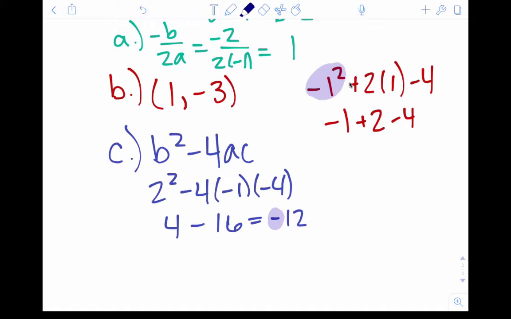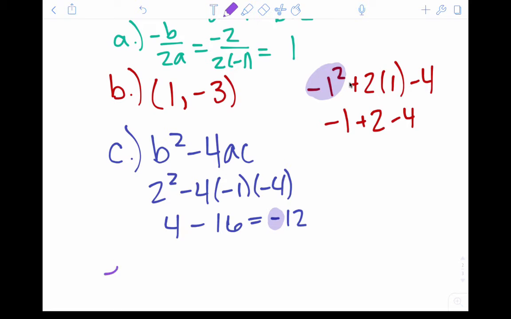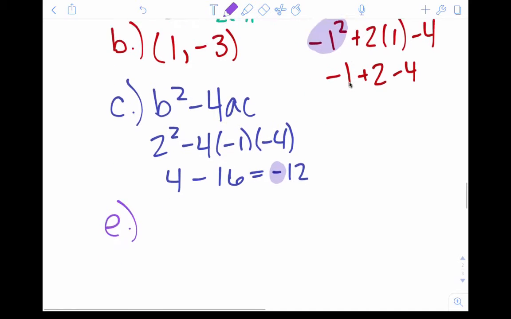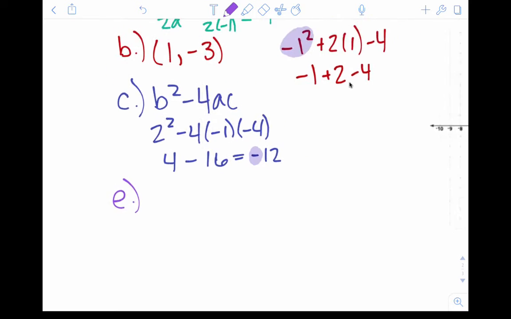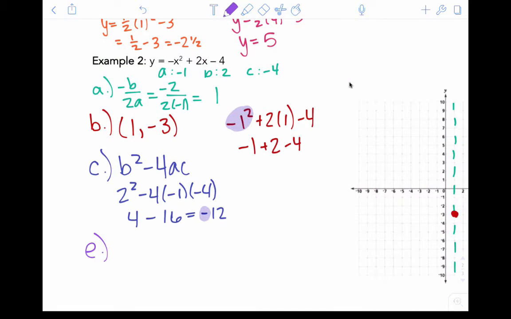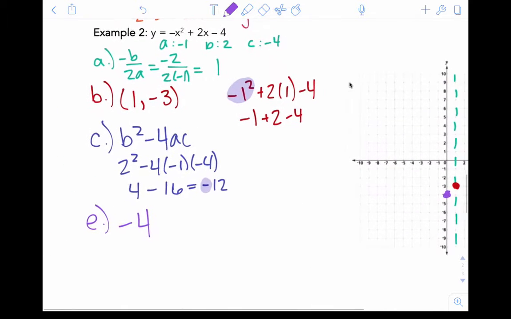It's a negative, which tells me that there's no x-intercepts, so I can skip that and I can move on to part E, which is y-intercepts. The y-intercept is where x equals 0, and remember that when x equals 0, our y-intercept is just the c, which is -4. So my y-intercept is when y is equal to -4.